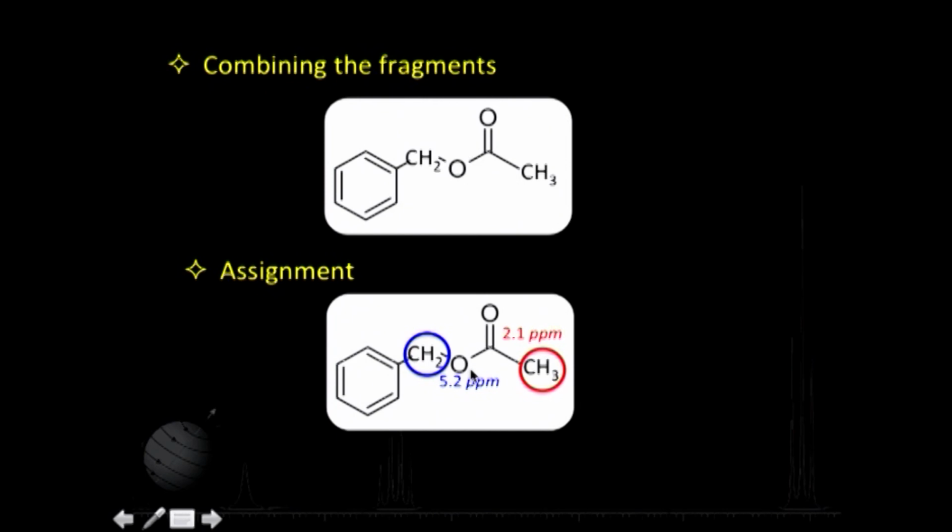One, directly linked to an oxygen atom, and secondly, it is linked to a benzene ring, which makes it go further downfield. And thirdly, all these aromatic protons will come at about 7.4 ppm as a singlet, the typical aromatic location. This molecule happens to be benzyl acetate.